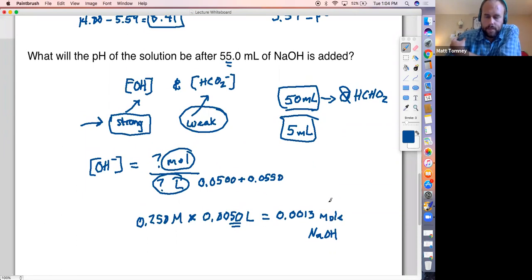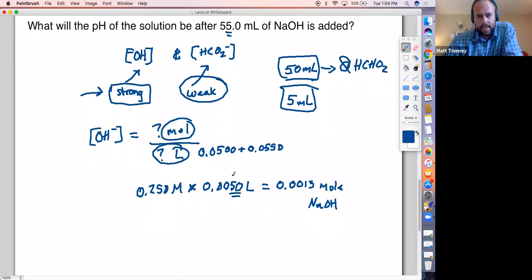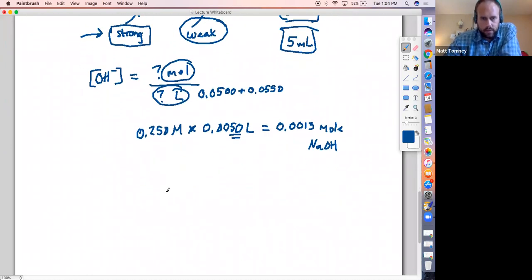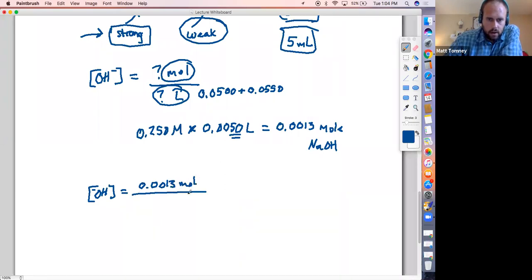All right, so now what I can do is take this value. I'm going to rewrite this down here now that we have numbers to work with. The hydroxide content is going to be equal to 0.0013 moles of hydroxide over 0.0500 plus 0.0550, right?